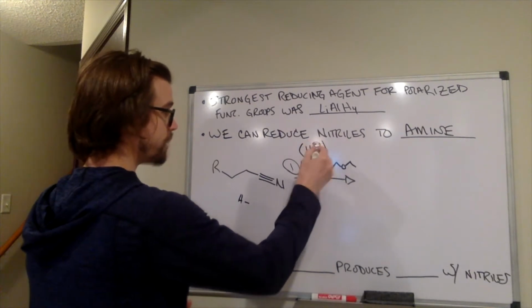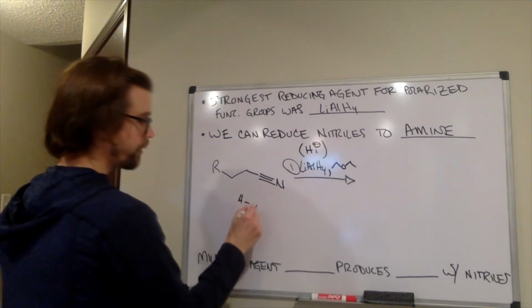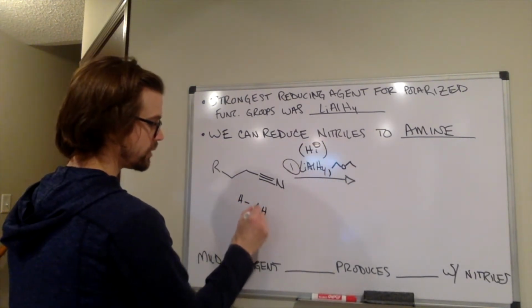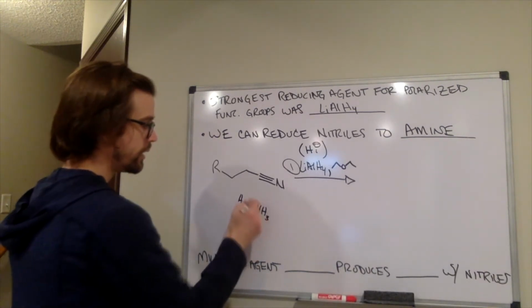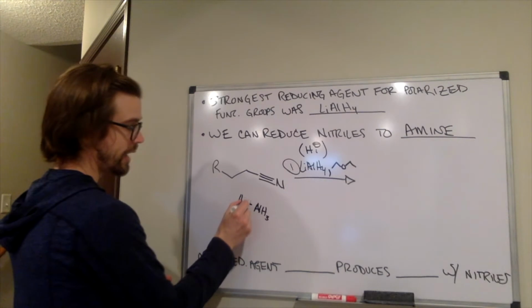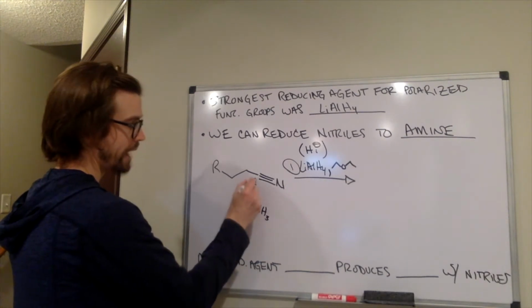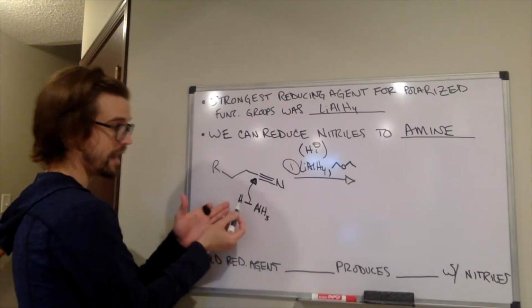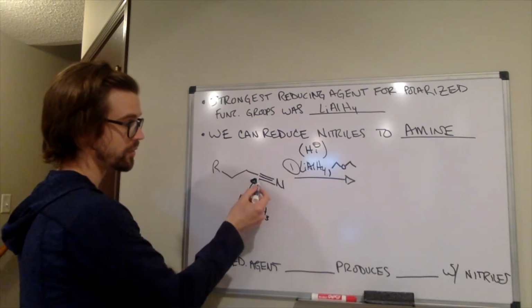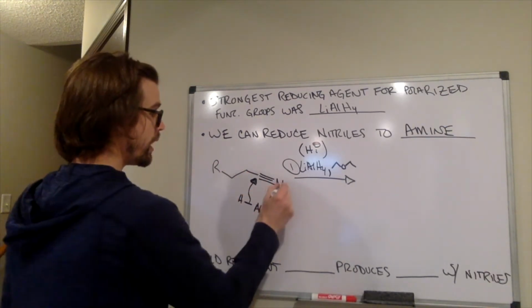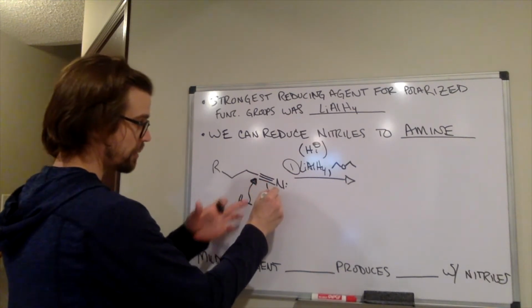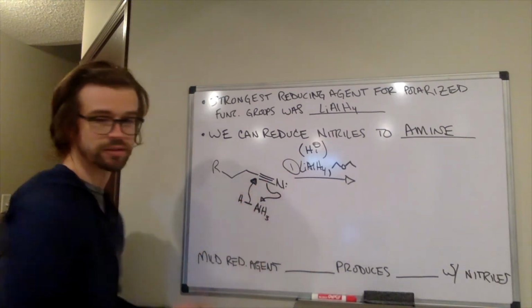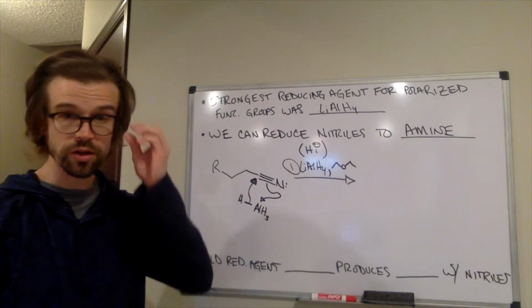So that would essentially do something like this. But really, how that works out is that the aluminum hydride, the hydride takes those electrons and adds them, so it's the negative flowing to the partial positive on the carbon of the nitrile. And at that point, these electrons are going to have to come up to the nitrogen, but what they're going to do is essentially coordinate to the aluminum.